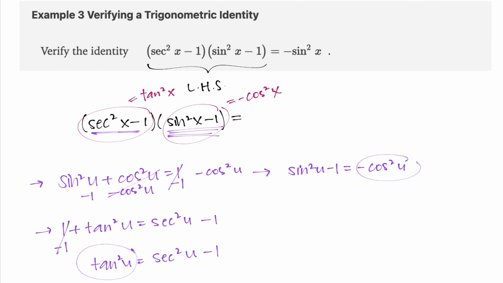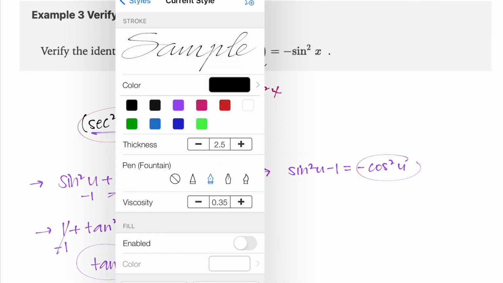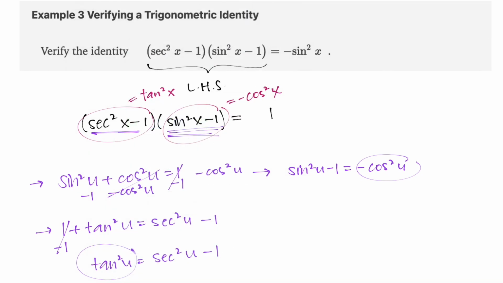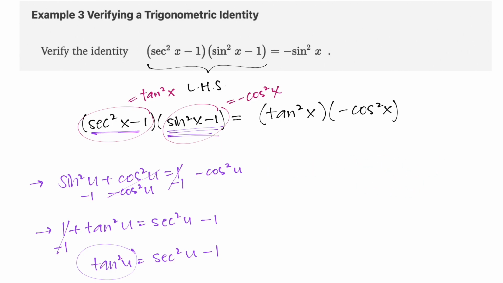So let's continue and work the rest of the problem. Now the product turns into tangent squared x as the first term times negative cosine squared x. I'm going to erase some of the work here so we can make some room to work on the rest of the solution. So now we have tangent squared x times the negative of cosine squared x.